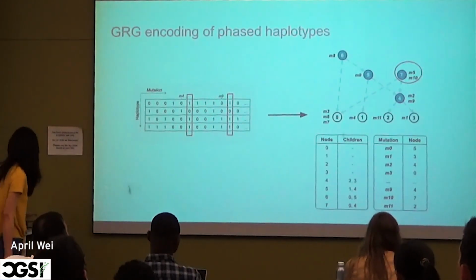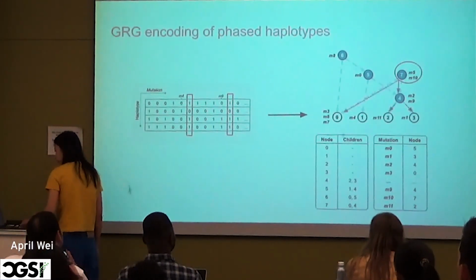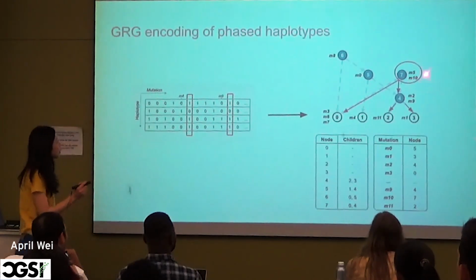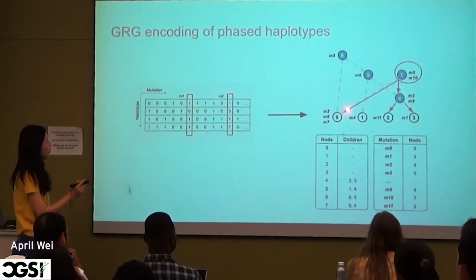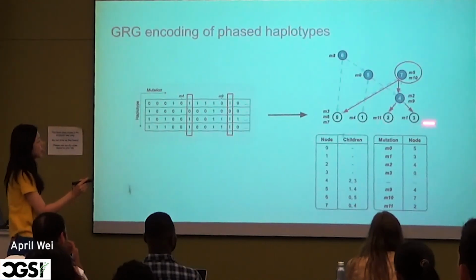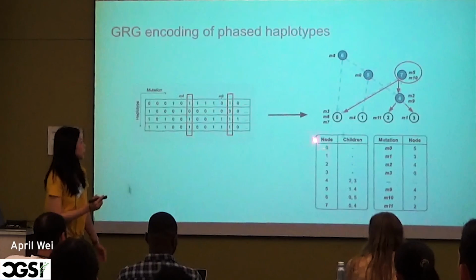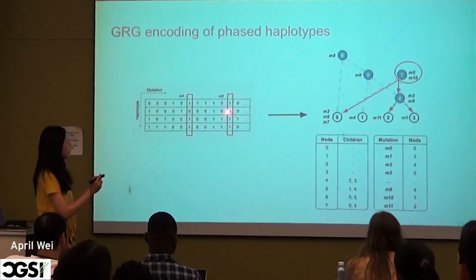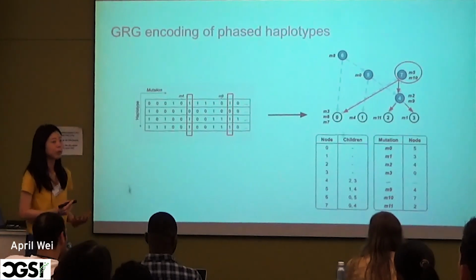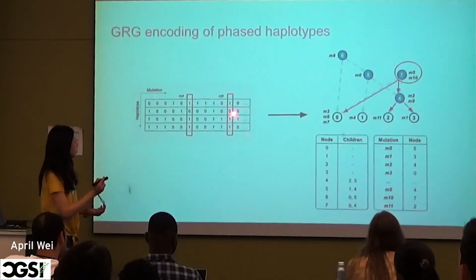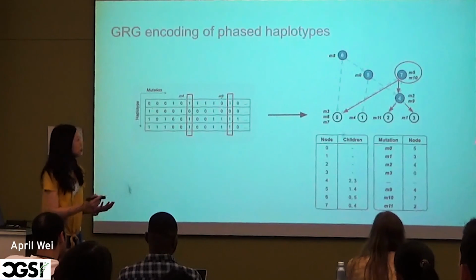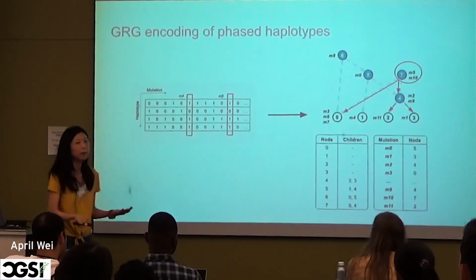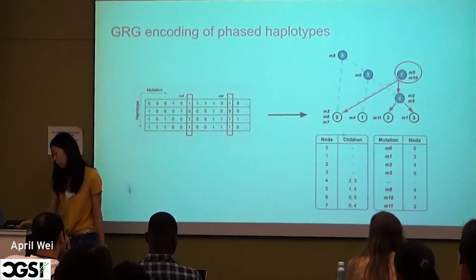And how do we get the information about the samples for M5 and M10? We traverse downward to 0, and downward to 4. 4 leads us to 2 and 3. And that gives us the information that 0, 2, 3 have the state of 1, that is, they are carriers of this mutation. And the default is that they don't. So we know that sample 1 doesn't have this mutation.